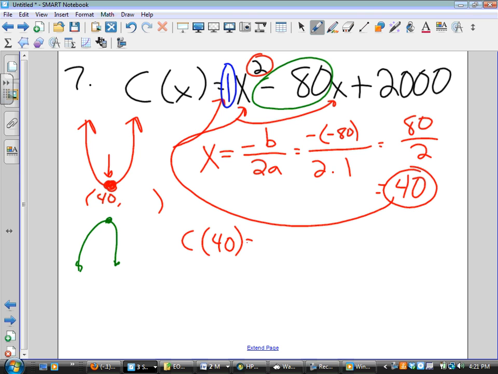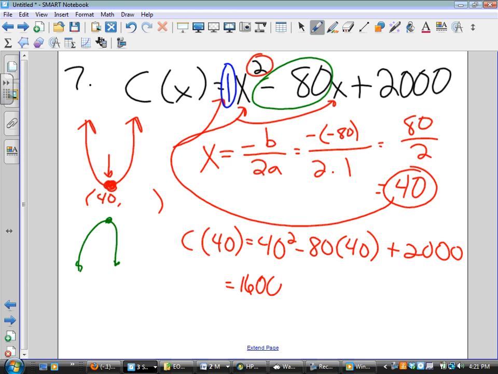So the marginal cost for 40 TVs is 40 squared minus 80 times 40 plus 2,000. 40 squared is 1,600. 80 times 40 is 3,200 plus 2,000.